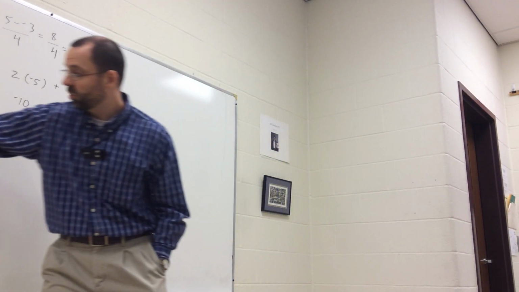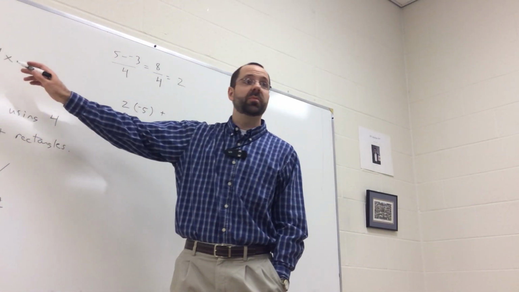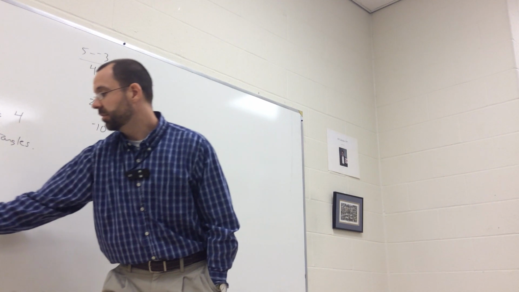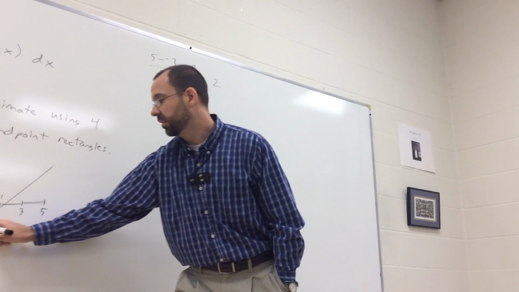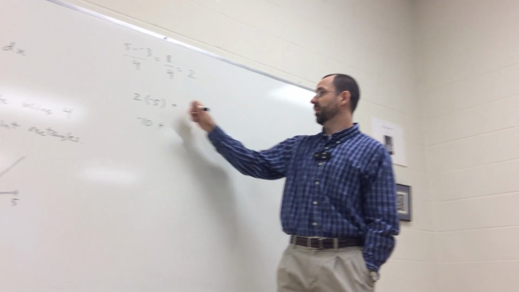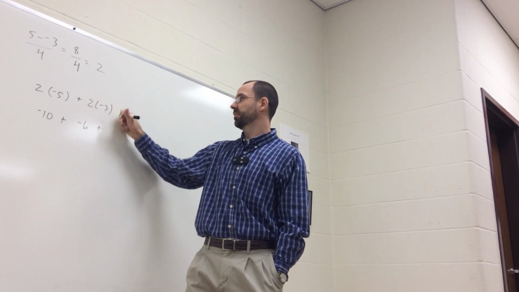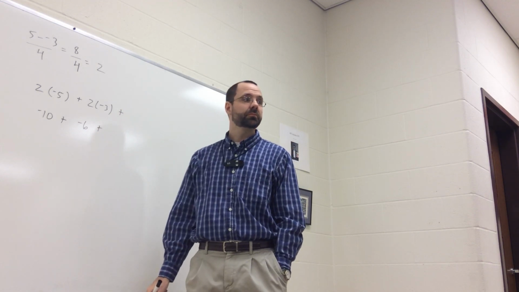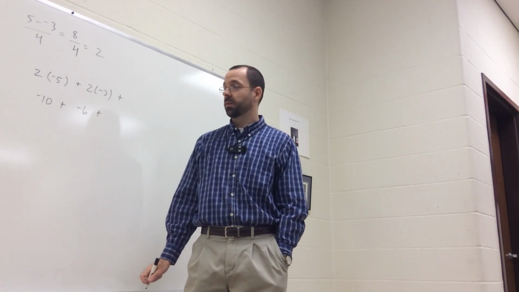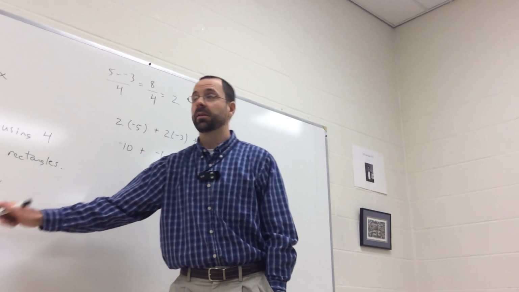Okay, now for -1 to 1, I'm going to plug -1 into the function. That'll give me -3. So that rectangle will have a height of -3. So the area will be 2 times -3, which is -6. Then from 1 to 3, I plug in 1, right?